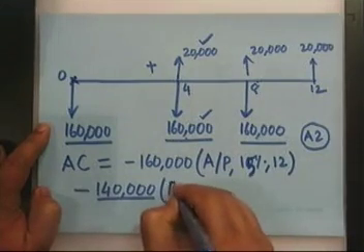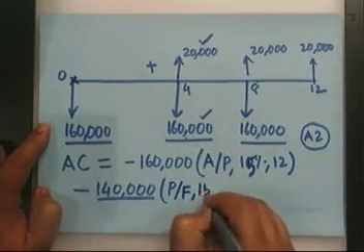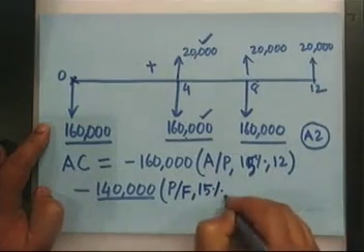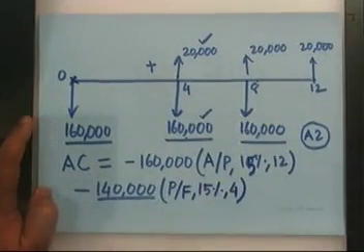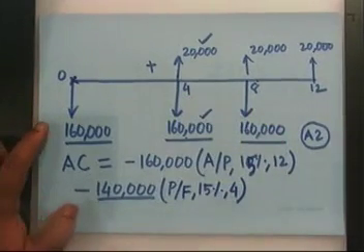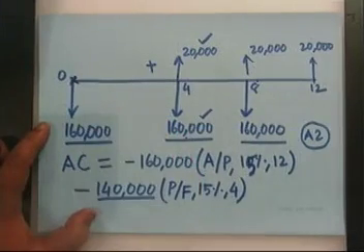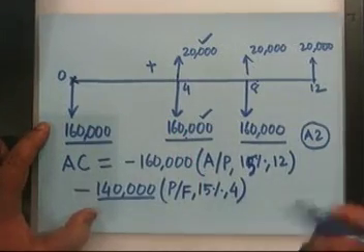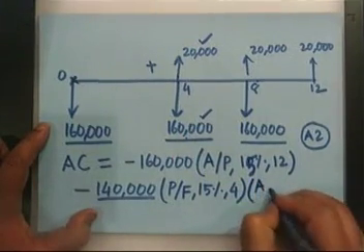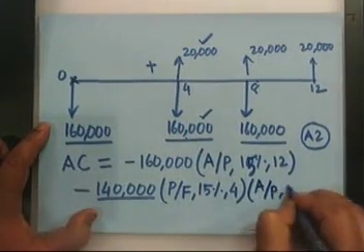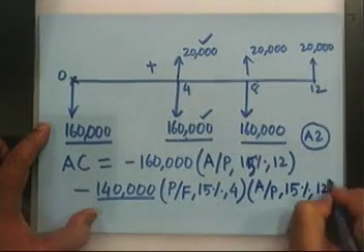I will write P given F at an interest rate of 15% for a period of 4, because n is 4 years, and this value once it comes here, I will annualize it in the same manner. That means this would further get multiplied with A given P, 15% for 12 periods.